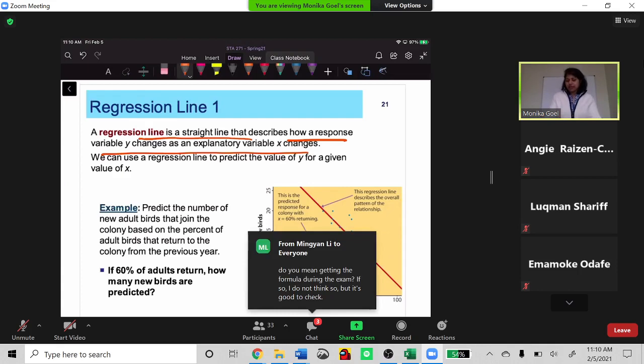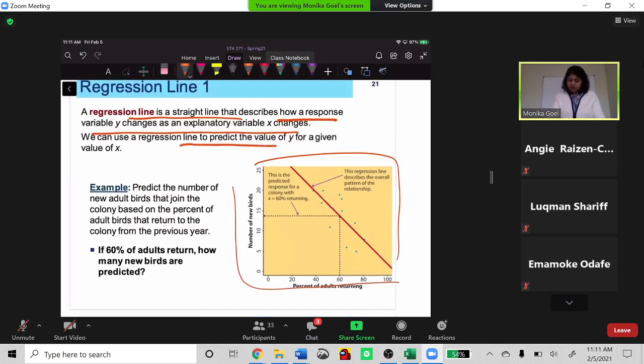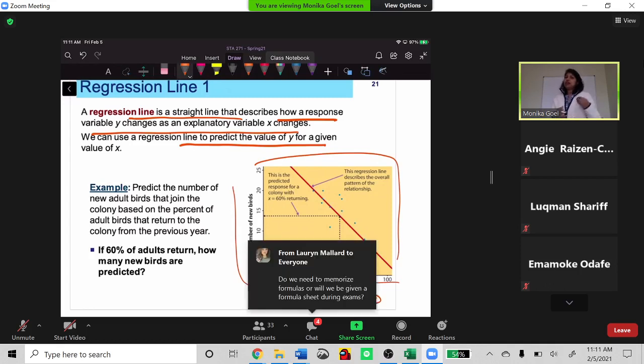Look at this one: I have a scatter plot and I see a linear pattern, and I fit a line inside it using software. Now we can use this regression line to predict the value of y for a given value of x. If I increase or decrease x, what happens to my y? Or if I want to see the value of y when x is 50 or 70, I can predict those values.